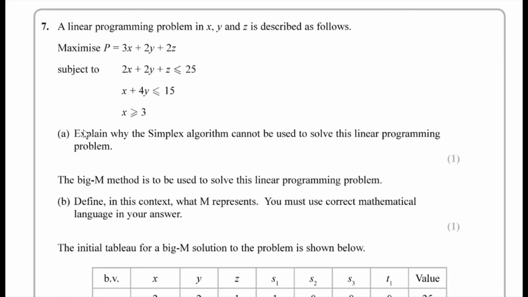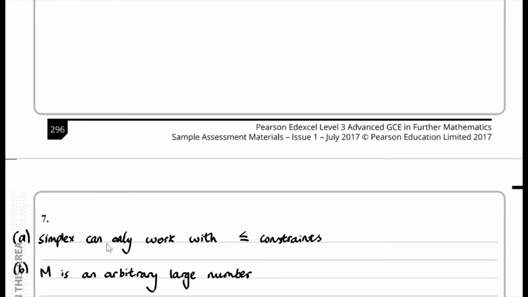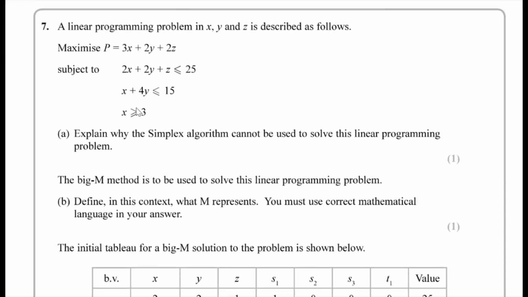Now for part A, we have to explain why the simplex algorithm cannot be used to solve this linear programming problem. It's quite a straightforward answer, in that the simplex algorithm can only work with less than or equal to constraints. And here we've got a greater or equal to constraint.